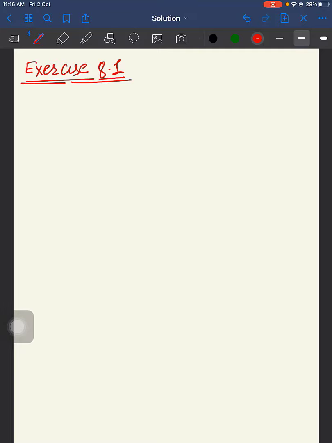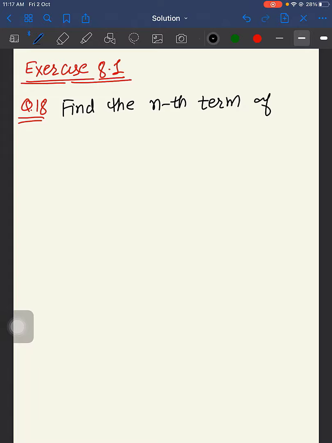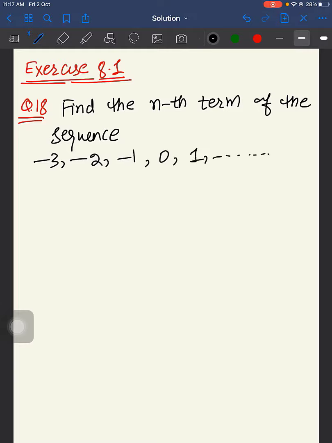So, first of all, I'll discuss question number 18 that says find the nth term of the sequence -3, -2, -1, 0, 1 and so on.